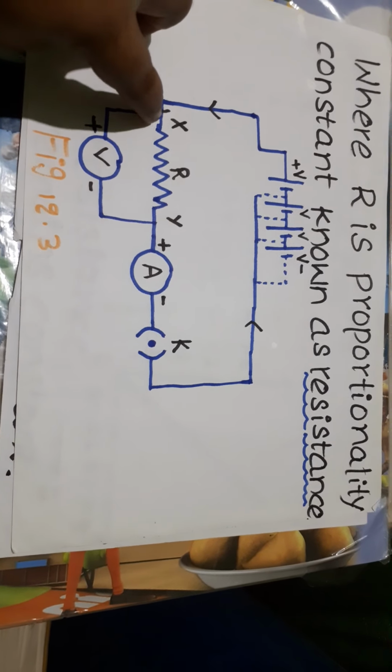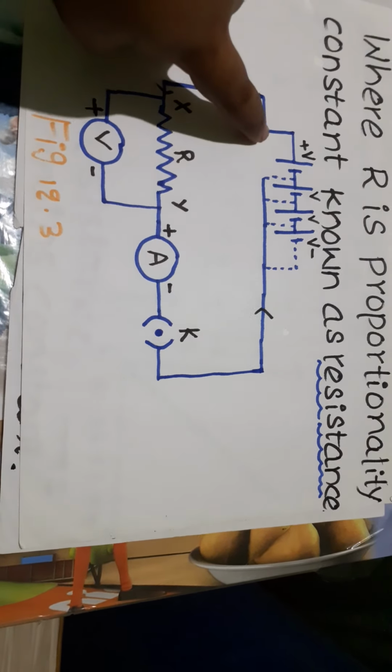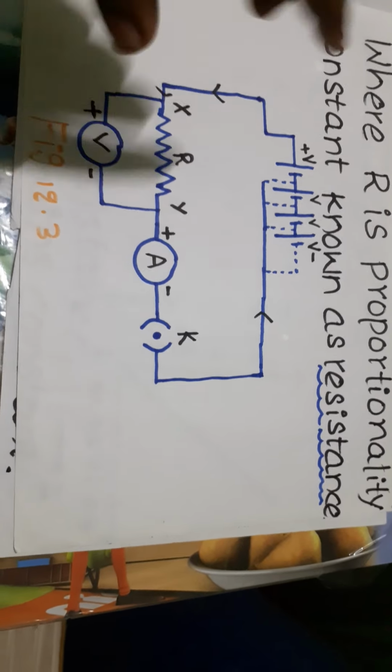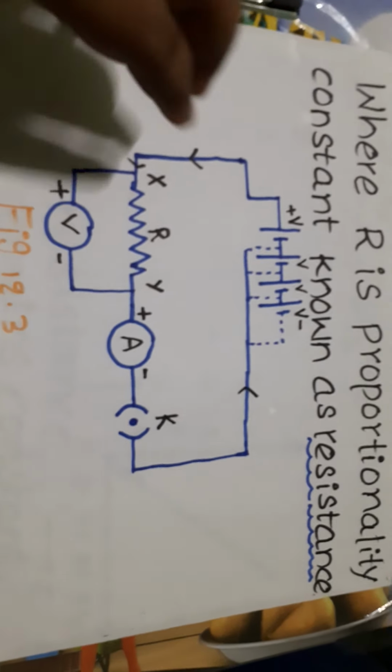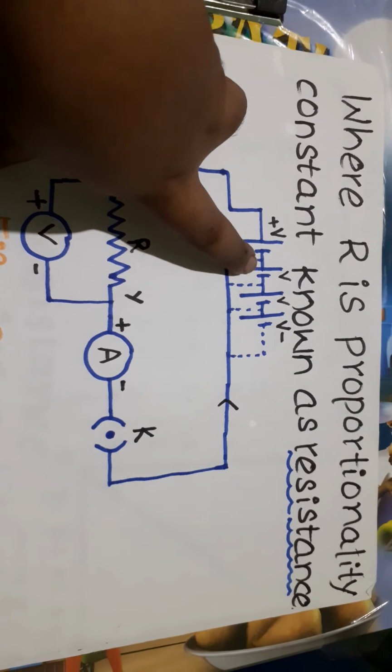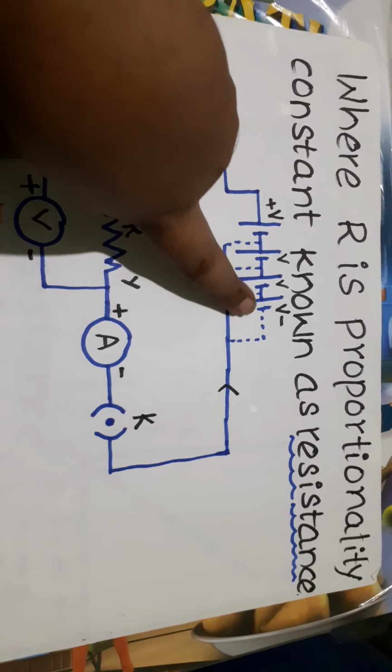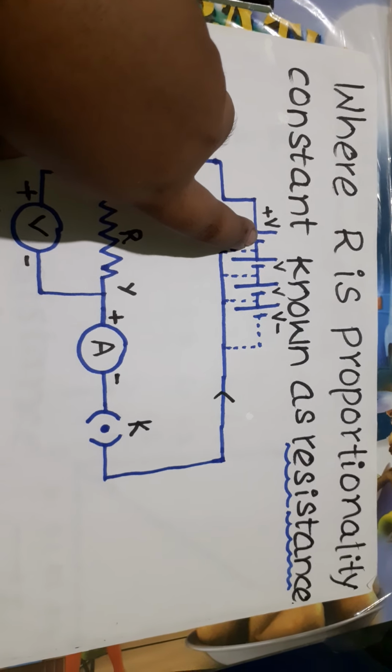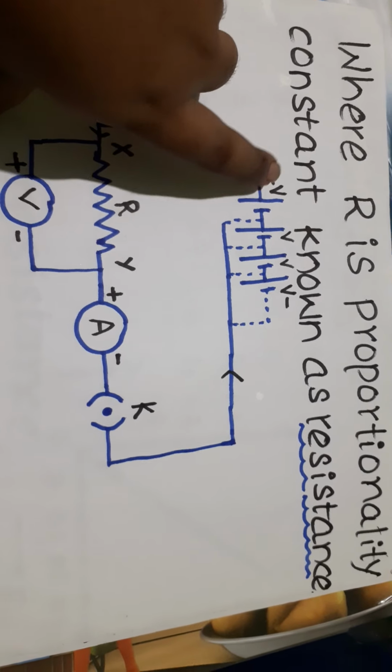The conductor is connected to a number of cells, I am taking 1, 2, 3, 4 cells connected side by side. This is called a battery.